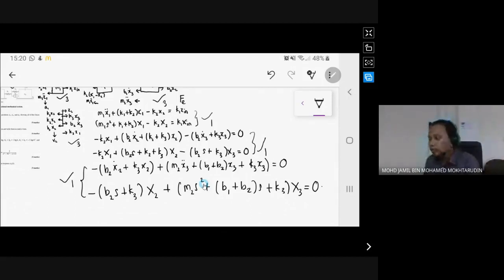Okay, and then you need to write this in terms of matrix. So you need to arrange them in matrix.